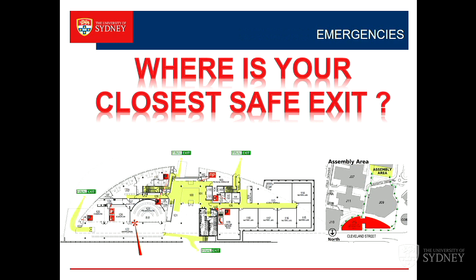Once you're in the labs, though, the most important thing is to know that if there is an emergency evacuation, you head out of the building, so your labs are around here, and over to the area in Cadigal Green, which is where people will be assembling. Okay? Do not stay around in the lab.